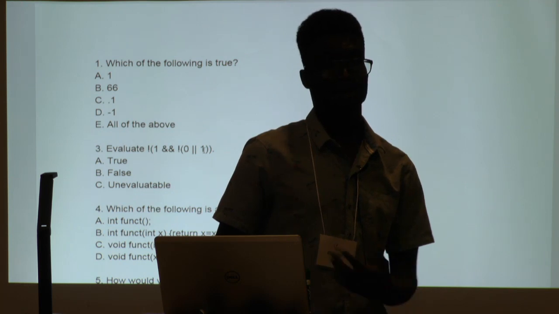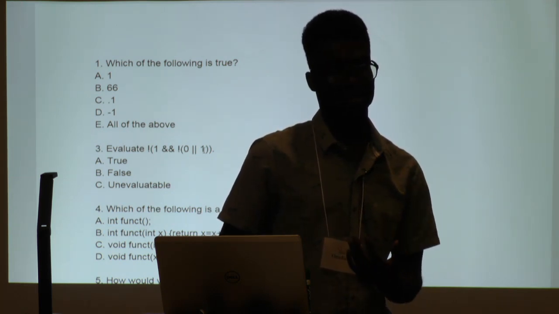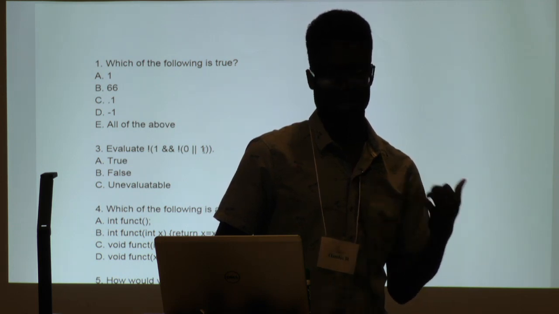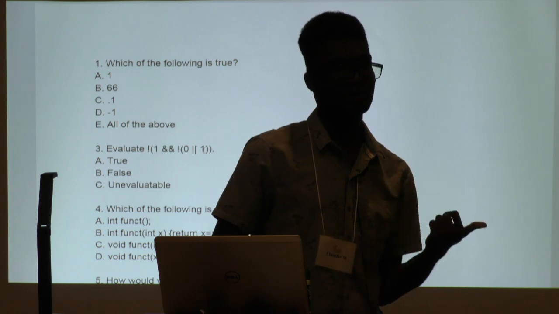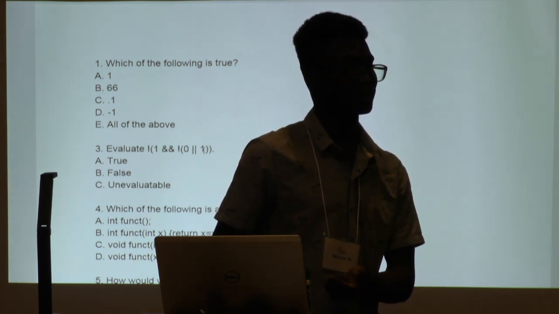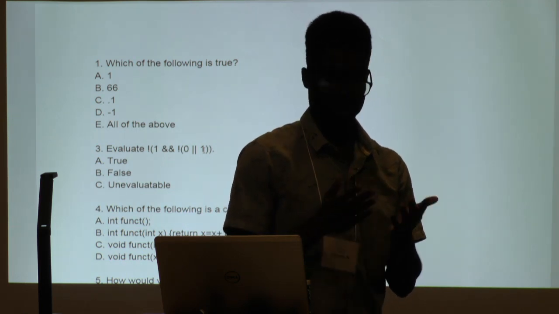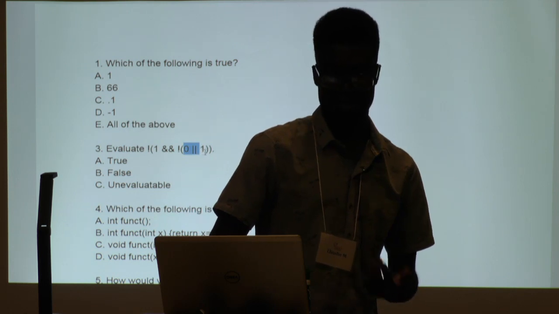So if we had 0 or 1, what value would we get back from it? Remember, 0 is false and 1 is true. So if we had false or true, what do we get out of that relation? True. So this innermost part evaluates to true.